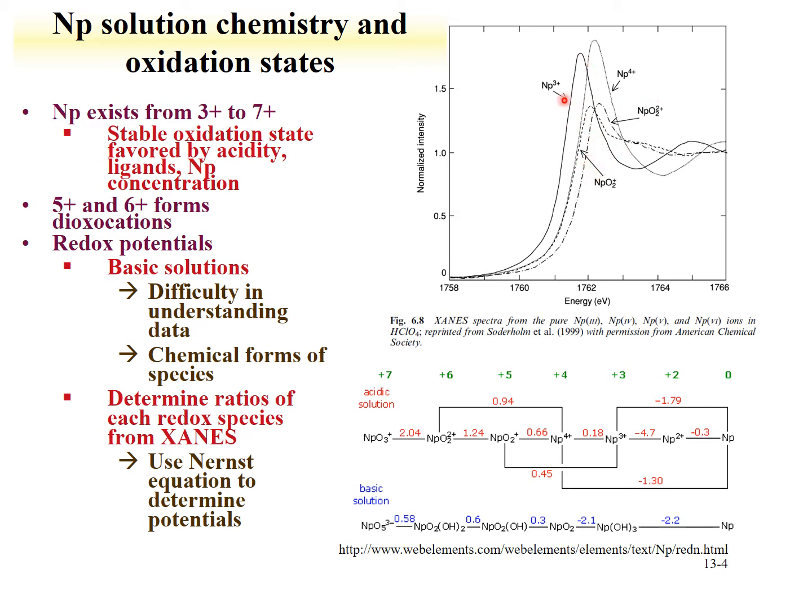We see the Neptunium-3 absorbs early, and the 4, the 5 and the 6 have a behavior that's indicative of the oxo groups. This information can be used to determine the ratio of different oxidation states in the solutions examined, and by using the Nernst equation, the redox potentials can be determined.